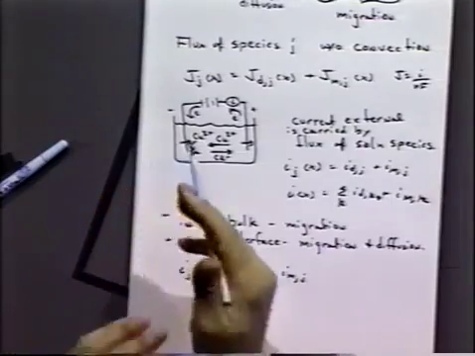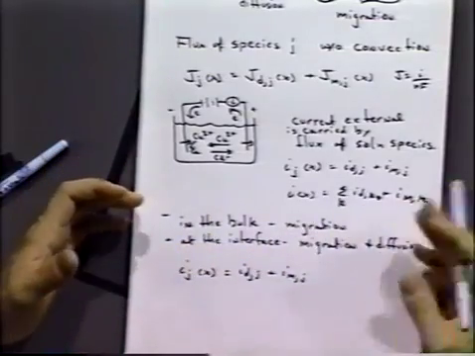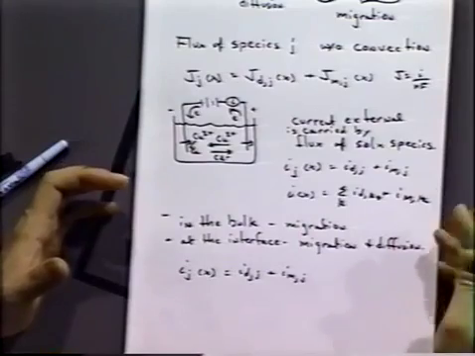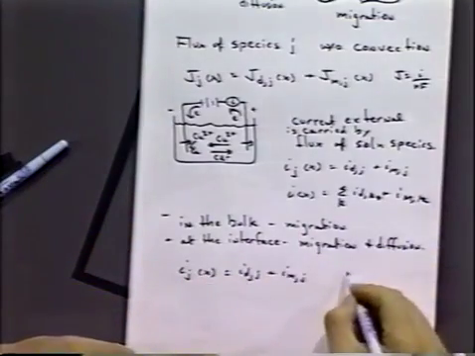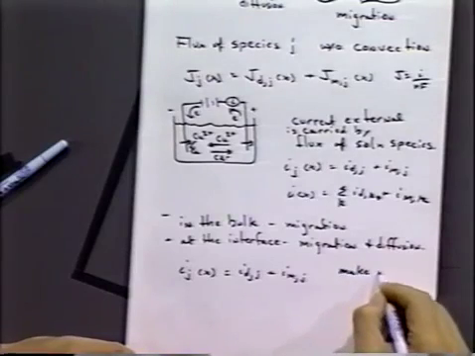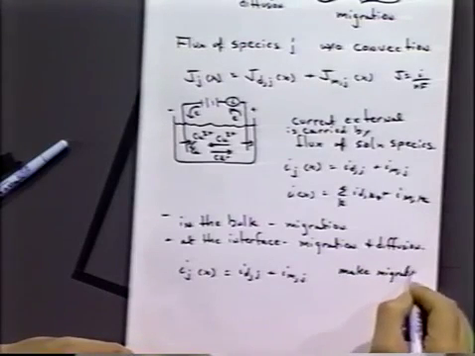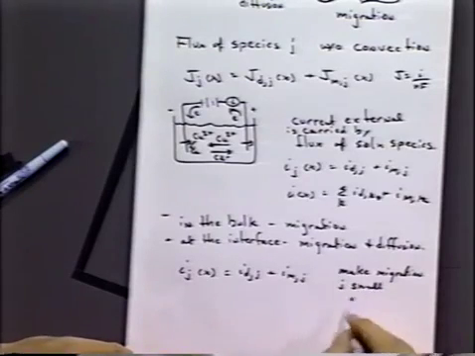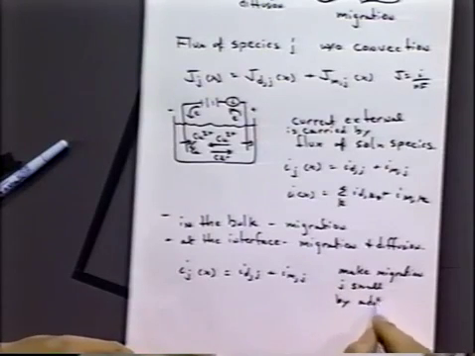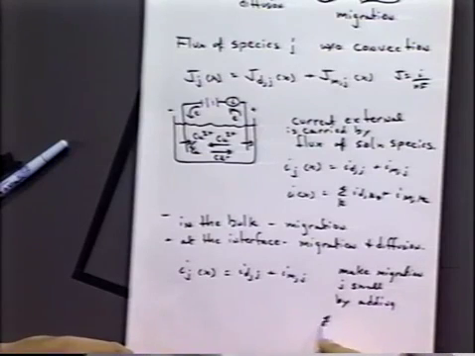How can we do that? Well, we can add some other species to the solution that will be carrying the current. So generally what we do is minimize migration of the desired species j by adding an electrolyte. And we call that a supporting electrolyte.